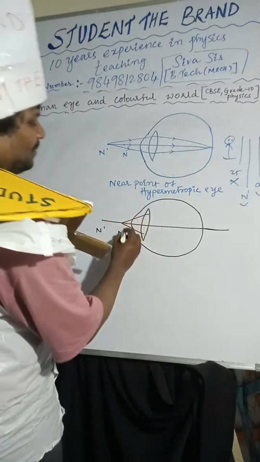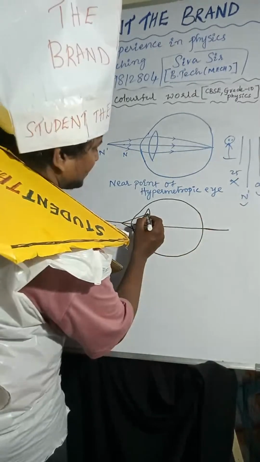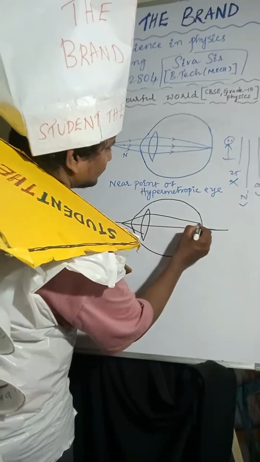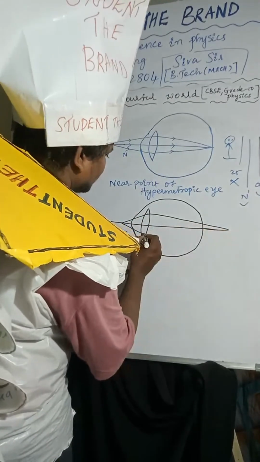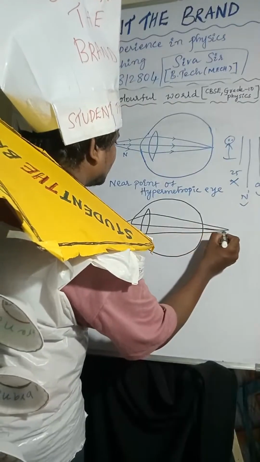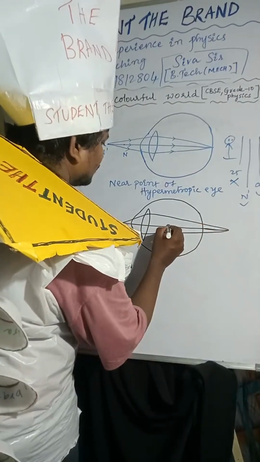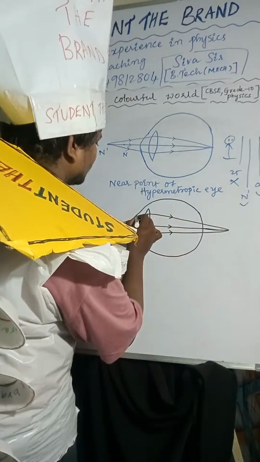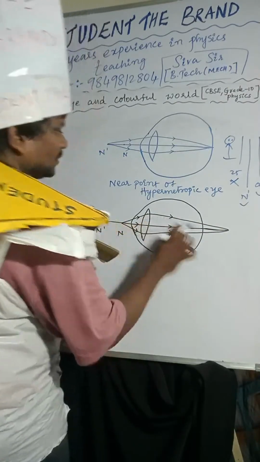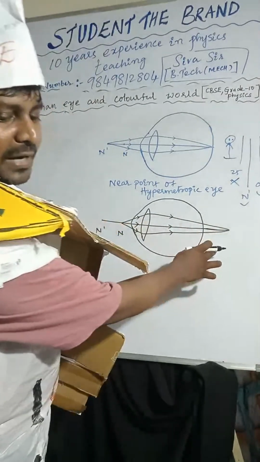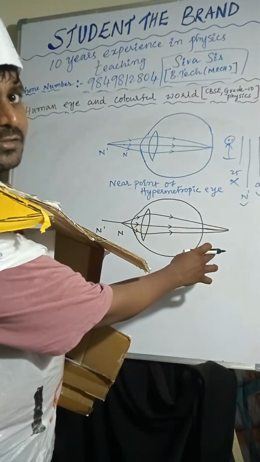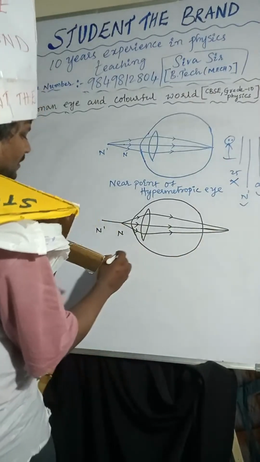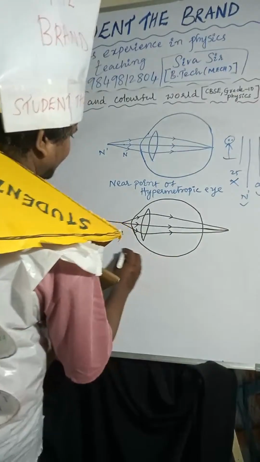If the light rays are coming from the near point, where will those light rays meet? Those light rays will meet behind the retina. So this is the hypermetropic eye.